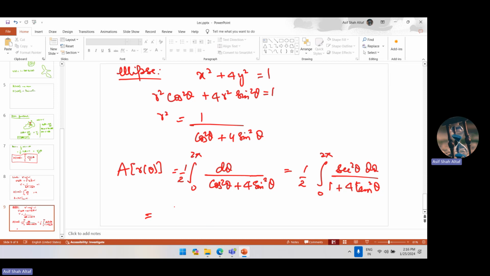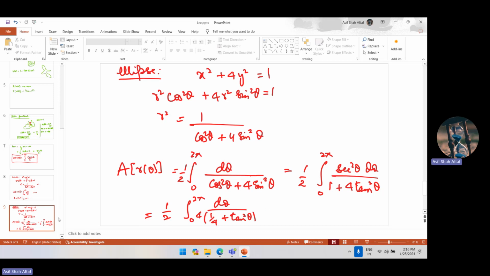So a little bit more algebra. We can write it also as this. Fine. We can write it as this also.